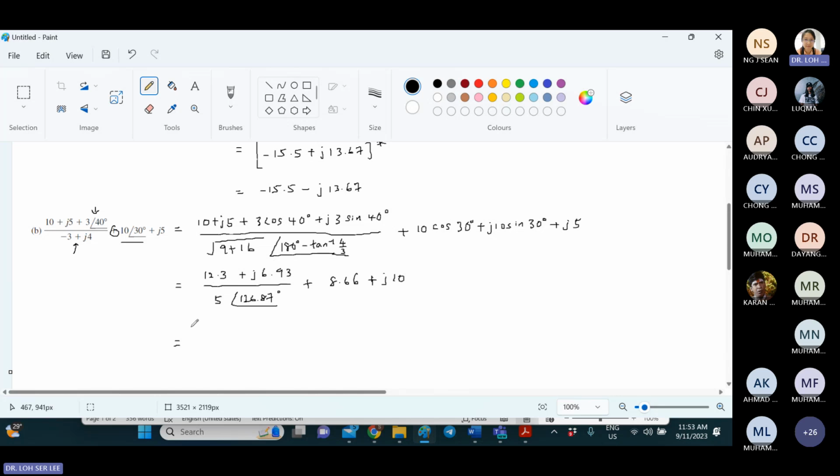Then you use square root, you will get 14.12. Use the calculator to get the R directly. And since this falls in first quadrant, that means the angle will be arctan 6.93 over 12.3. You get the value directly, so that you don't have to write a lot of lines.